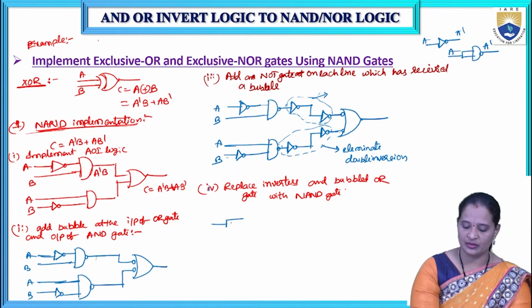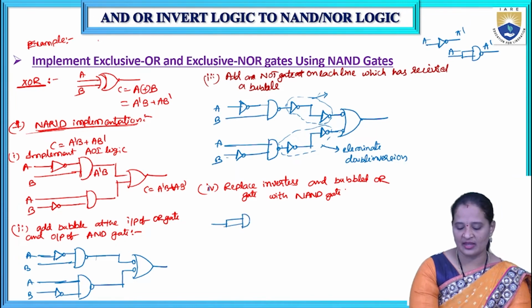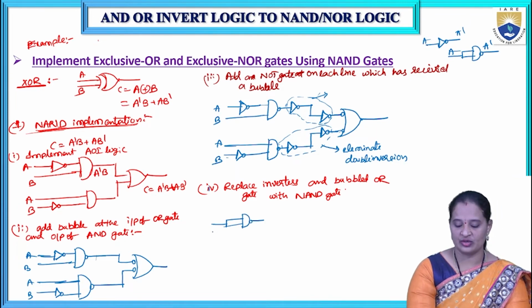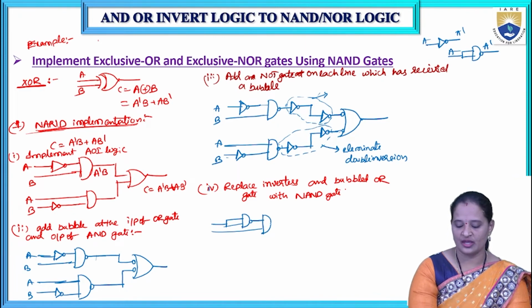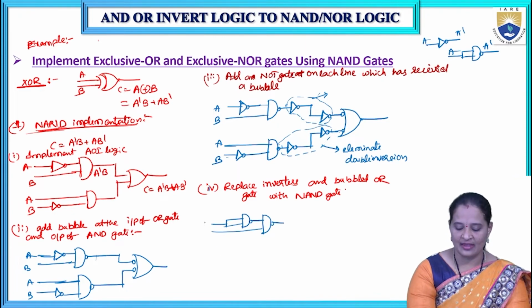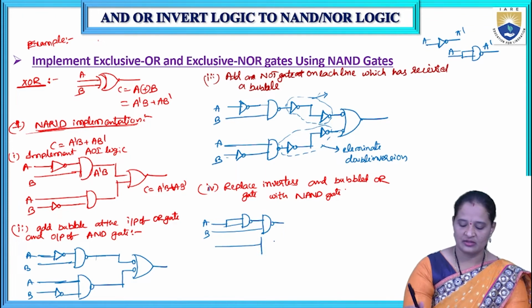So that is what we are doing here. I'm taking a NAND gate and tying both the inputs together. This is a NAND gate, then this is A, B, and we have one more inverter. So just draw the symbols properly.